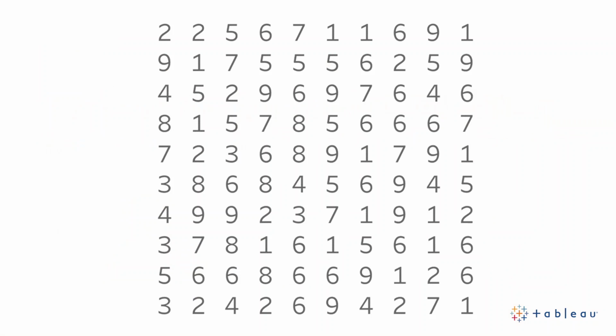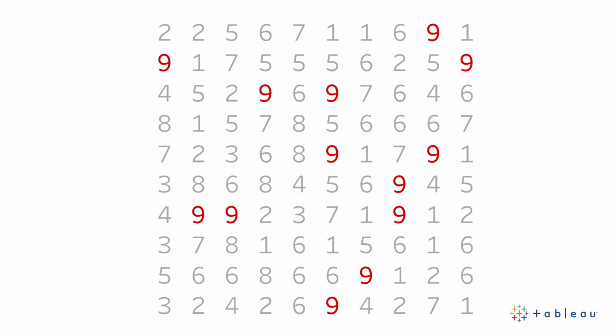So what I want to show you here is how we can make this exercise easier. See, now it's easier to see where the nines are because our brain can just focus on the color, and suddenly it is a lot clearer. But it's not ideal if you have to count them all, and it's still a crosstab. So what if you want to know how many nines there are instantly?